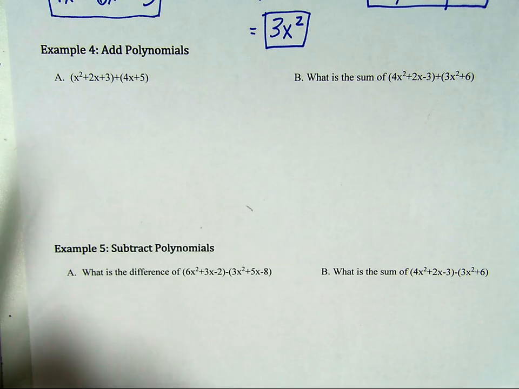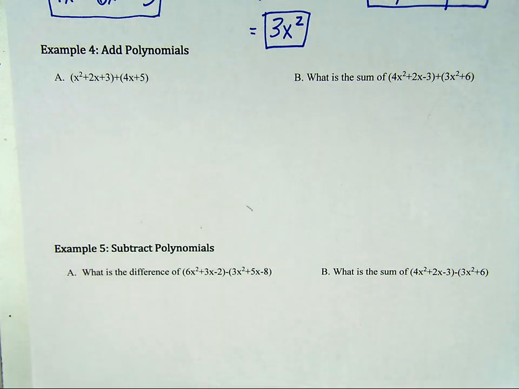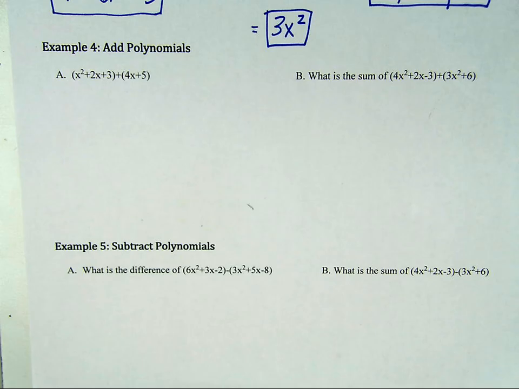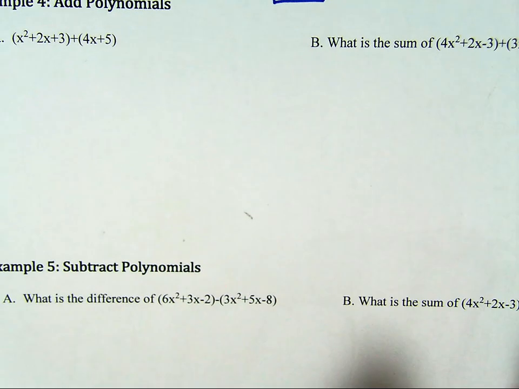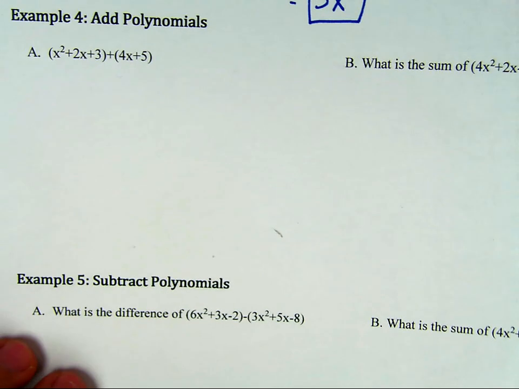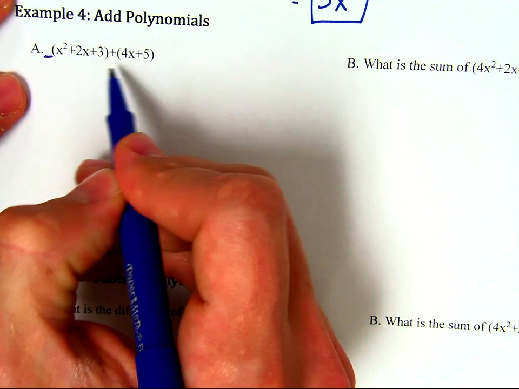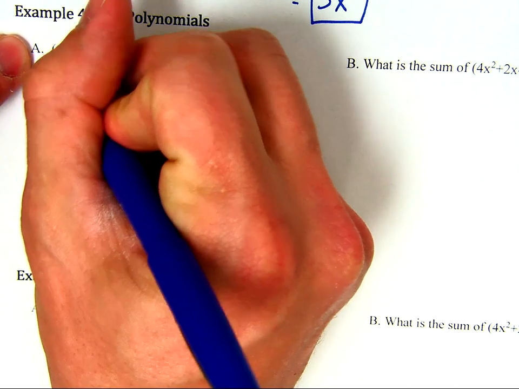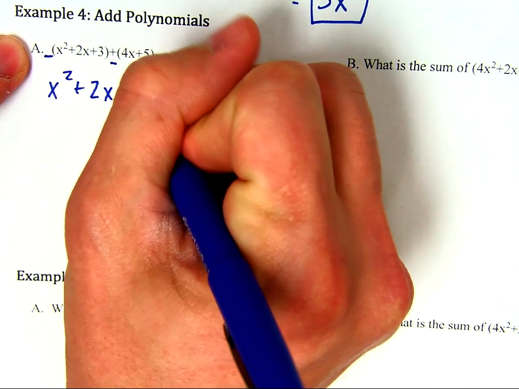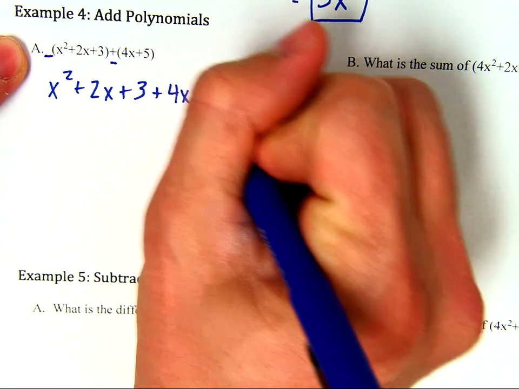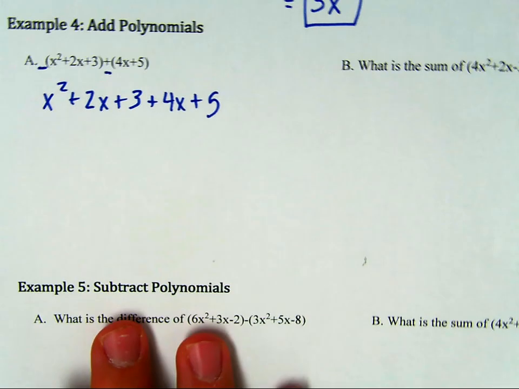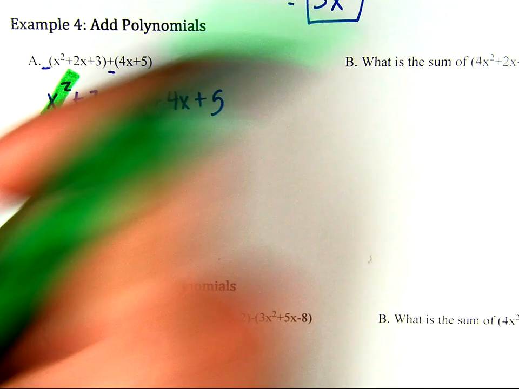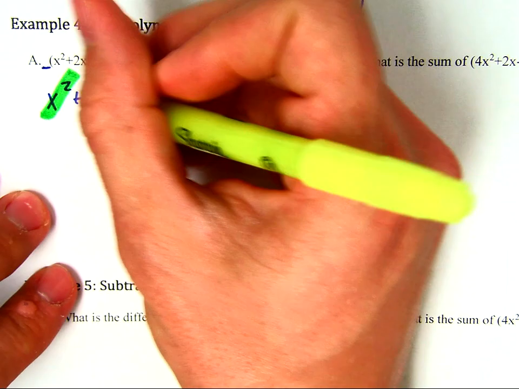So on example 4, we are talking about adding polynomials. First, if there's anything to distribute outside the parentheses, we want to do that. On example 4a, there's nothing outside of the parentheses. So if there's nothing outside, we can drop the parentheses and then combine like terms.